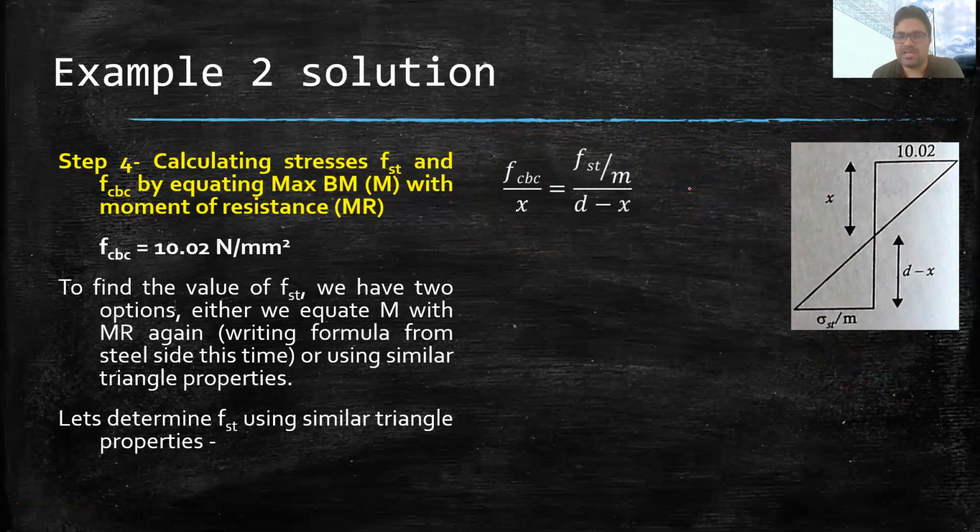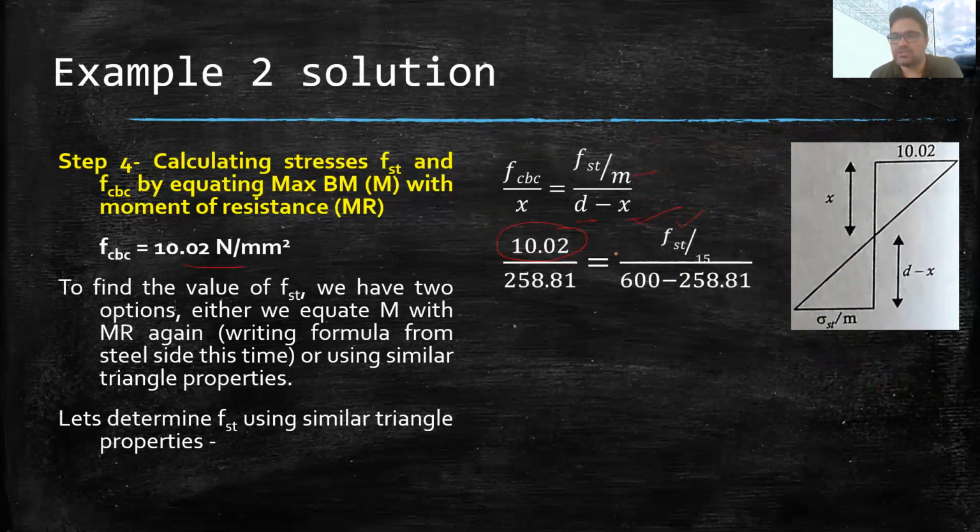So in this case we are using this relation. I have written here, by putting all the values, you can see FCBC we have calculated, and D, X all the values are known, only the unknown value is FST. By solving this, we can find out the value of FST as 198.30 Newton per mm square. So this is the actual stress experienced by the steel.